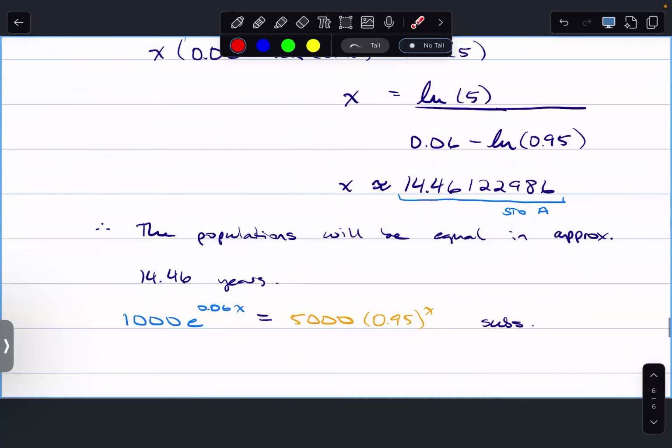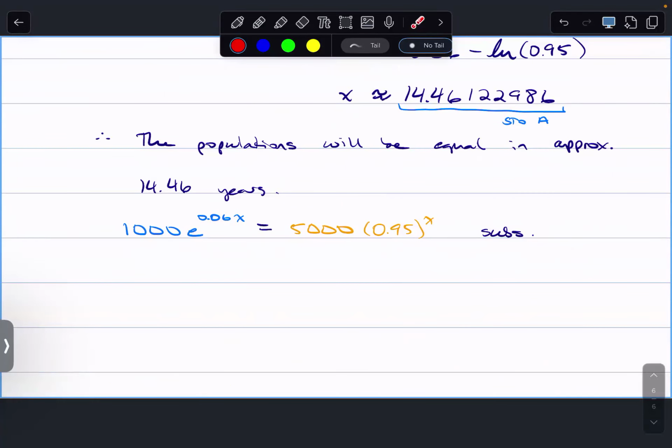So substitute what I stored in A for x. I'm going to try it with just 14.46 and see if there's a large difference. Let's see here. I'll do this side first.